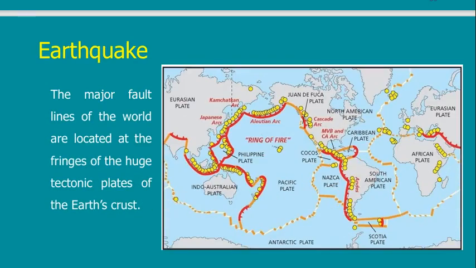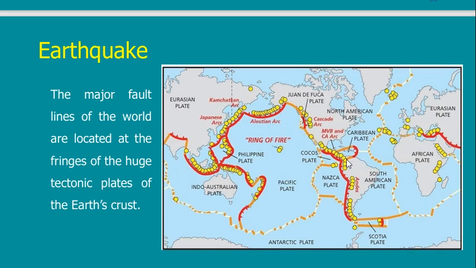So this is the seafloor spreading, and here these are the edges of the plates, and the red line is the edge of the plate, and the yellow circles are the amounts of volcanoes and the amounts of earthquakes happening.